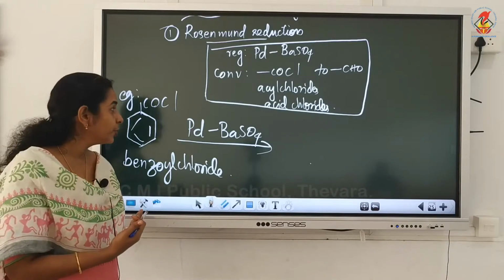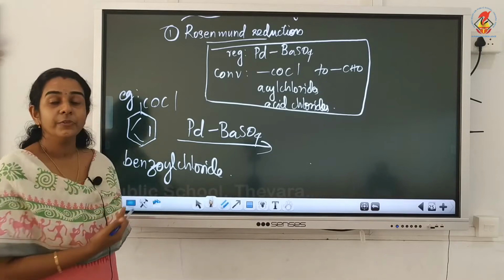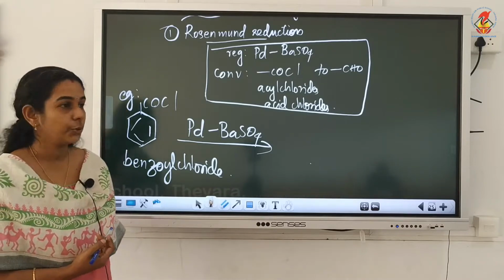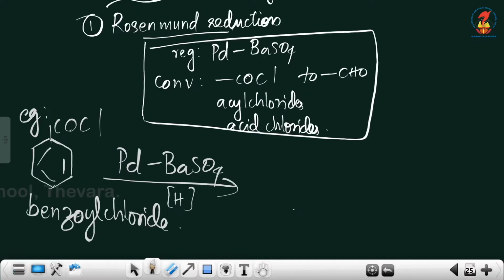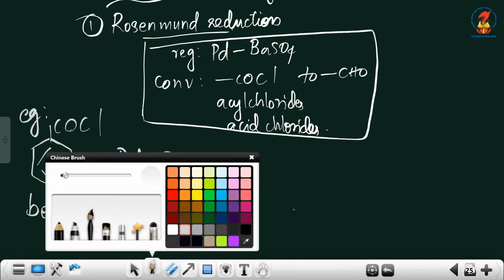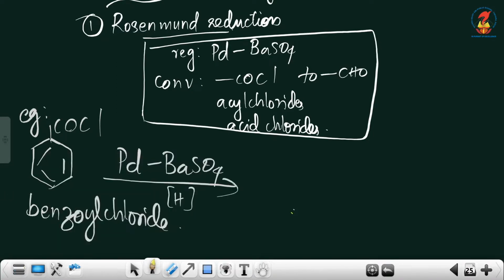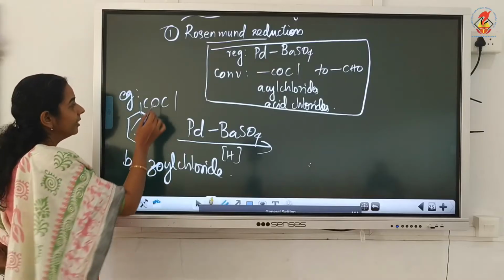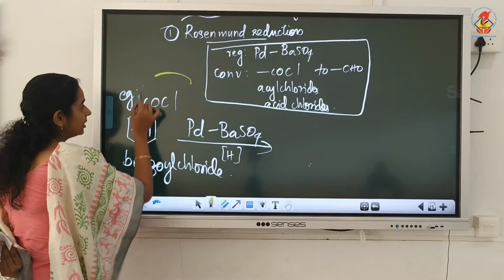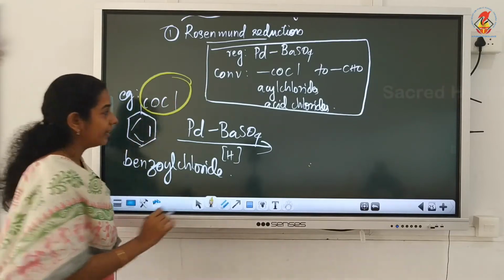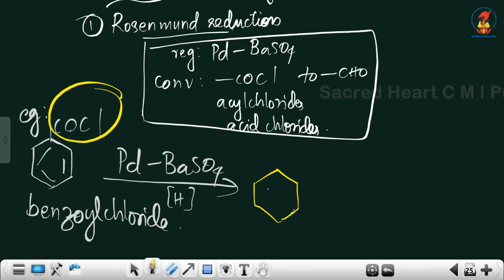There will be conversion of COCl to CHO. In order to represent reduction, how are we representing reduction? Hydrogen written inside the square bracket. So, here what is the reaction taking place? After identifying the reaction, we know that there is conversion of COCl to CHO. So, just circle COCl and replace COCl by CHO.